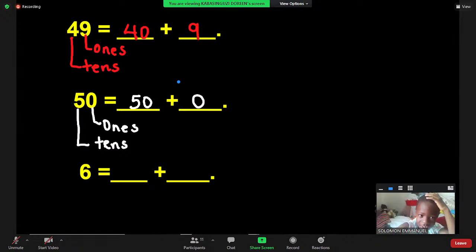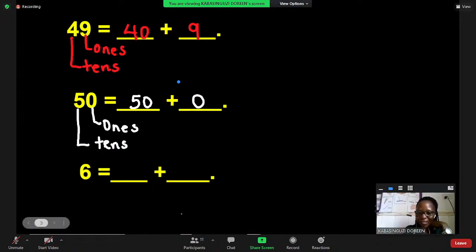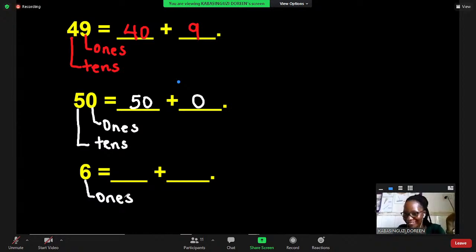Yes, we first get the place value. This one is just 1. It is only 1, Solomon, so we don't have tens. And then how do you write 6 on the first line?